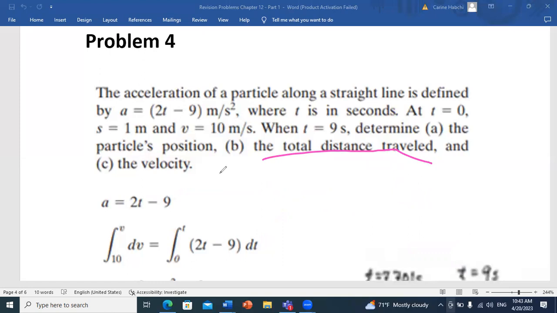Then we can know from which time to which time it's moving in the positive direction and in what time it's moving in the negative direction. Then we can draw the plot of the path of motion and determine the total distance traveled.